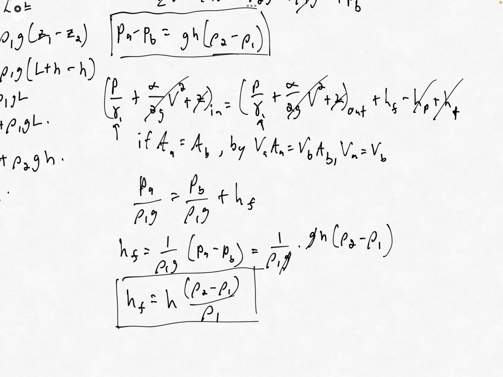We can do a quick dimensional analysis of this to make sure that everything is working out as we would expect. We know that head loss due to friction has dimensions of length. The height there is an actual physical height, so that has dimensions of length.